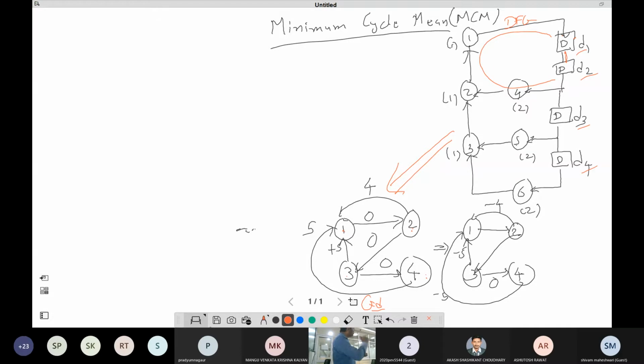If I travel from the source node to the destination node, and in between any functional unit which is represented by a node in your original graph has some sort of delay, that delay I need to calculate and I need to sum it.